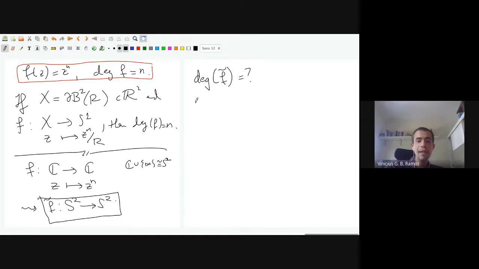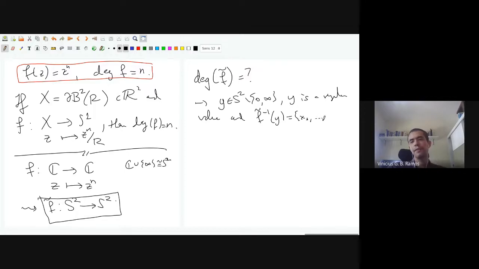You conclude that if you take a point y in S2 which is neither 0 nor infinity, then y is a regular value, and the preimage of y is a bunch of points, because every point has exactly n preimages unless it's 0 or infinity.